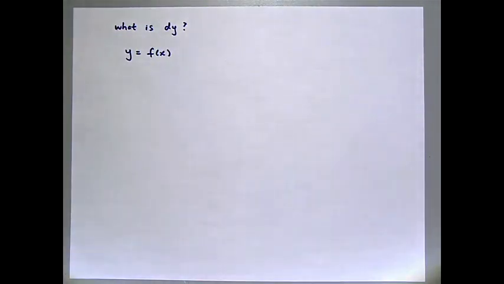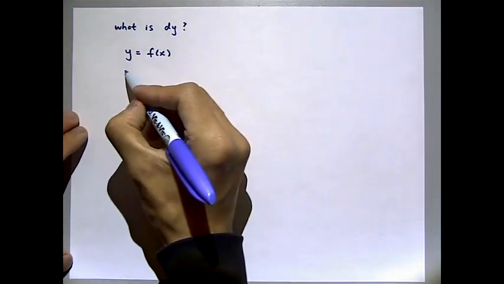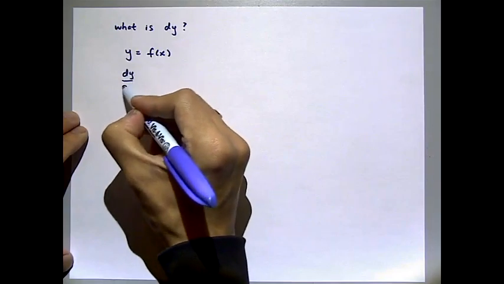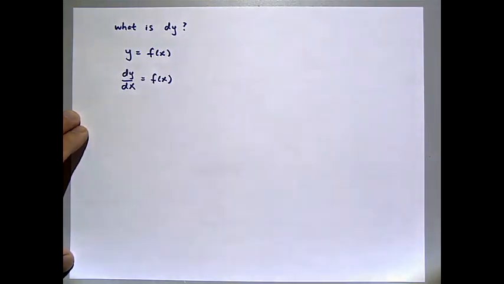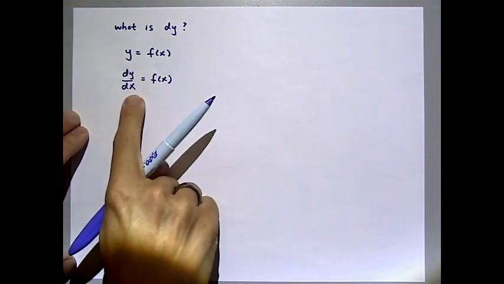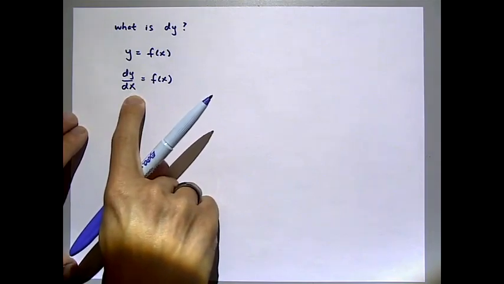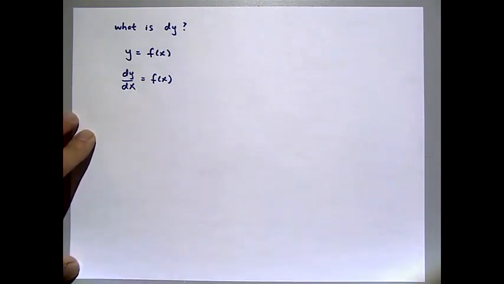To find dy, the easiest way to see what it is, is to start with the equation y is equal to f of x. If you take the derivative on both sides, you get dy dx is equal to f prime of x. This dy dx can, in this case, be looked at as some kind of fraction.